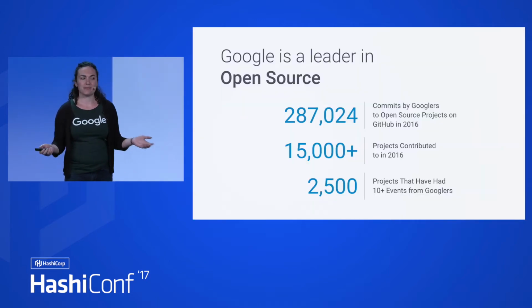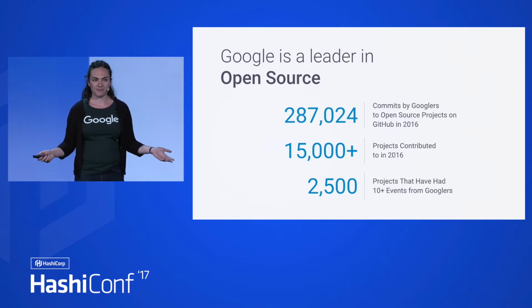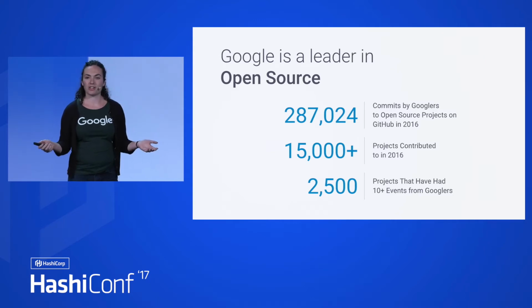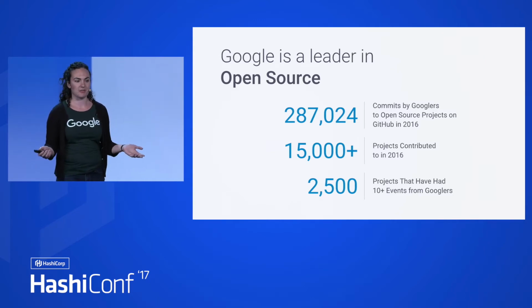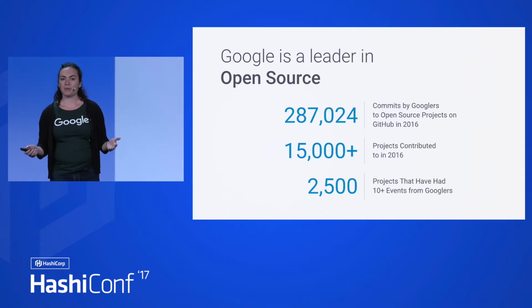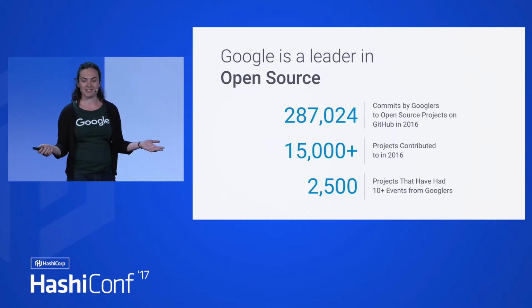And now something that you might not realize about Google is that we're actually a leader in open source. You've probably all heard of Kubernetes, you've probably all heard of TensorFlow. These are some open source contributions that Google has made in the world. But we've also contributed to a whole bunch of other open source repositories.